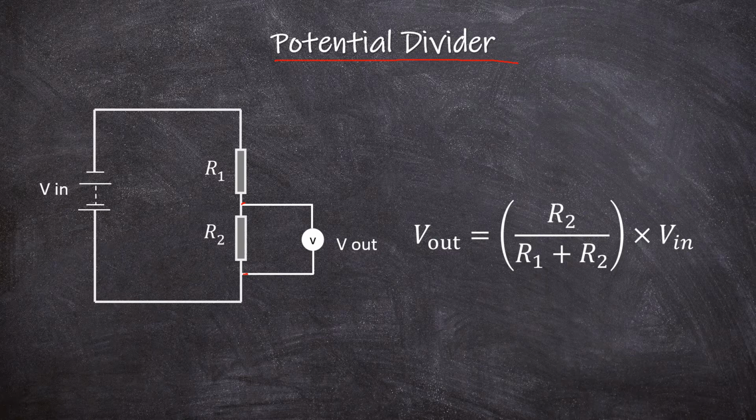To calculate the volt, the main theme is to get how much volt passes out from this point. So V out is a voltage. V out equals R2, this resistor, divided by the sum of these two resistors, times V in, and you will get the value of how much voltage gets passed.